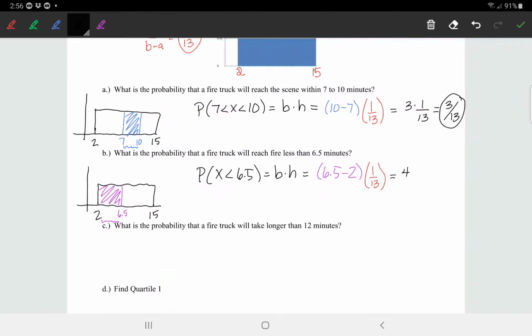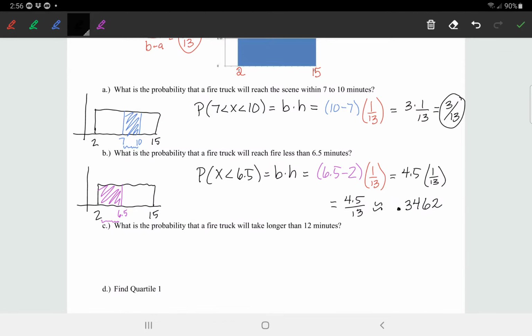Doing simplification, that's 4.5 times 1 over 13. And when we put this in, that is 4.5 over 13, and that is approximately 0.3462.